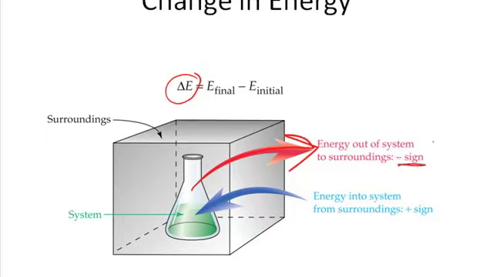This means that it's exothermic. Now, if energy goes into the system from the surroundings, that means it's gaining energy. The other one means it's losing energy. That's the reason why it's negative. This one means it's gaining energy. This means that it's endothermic.